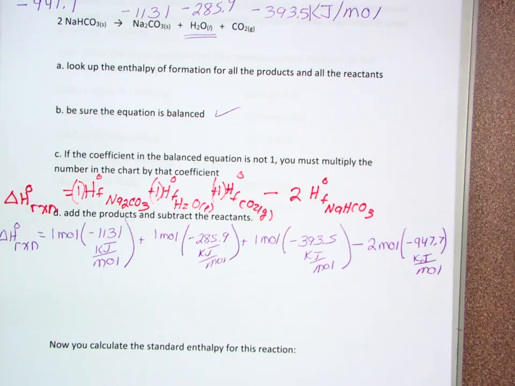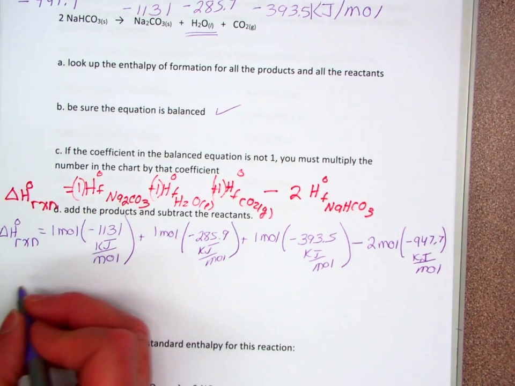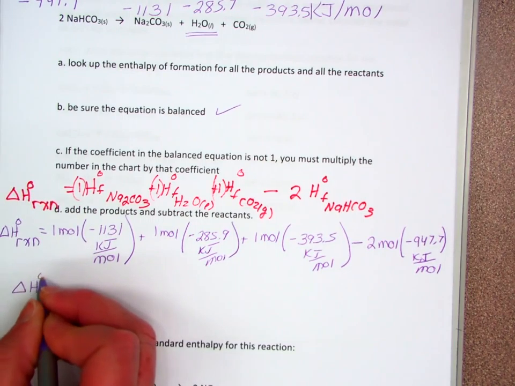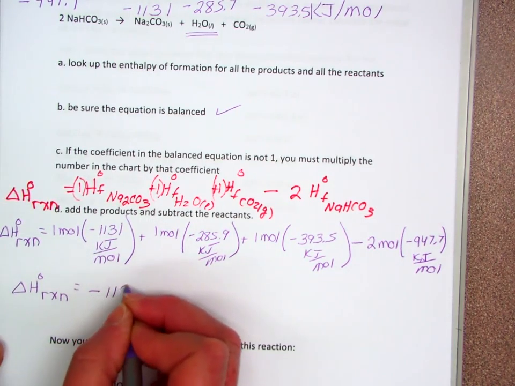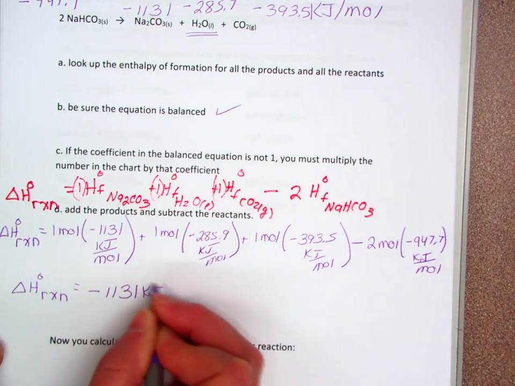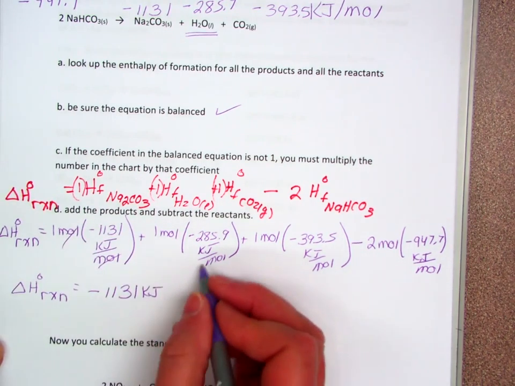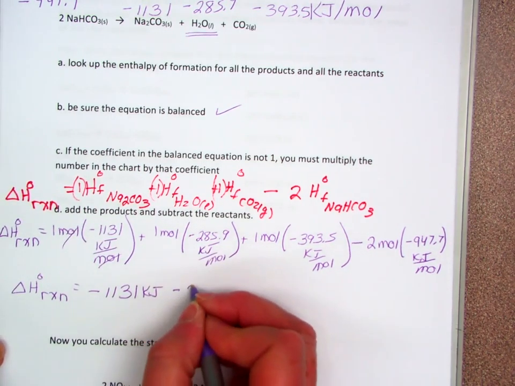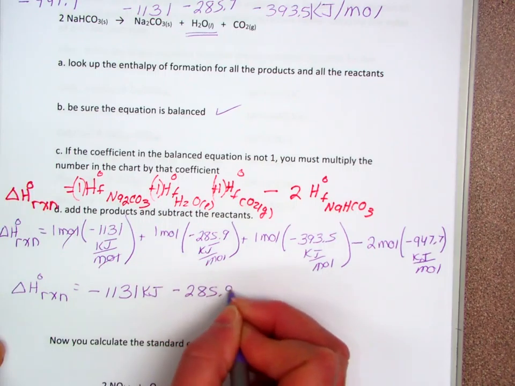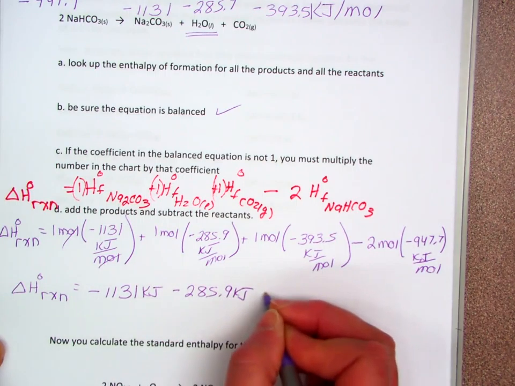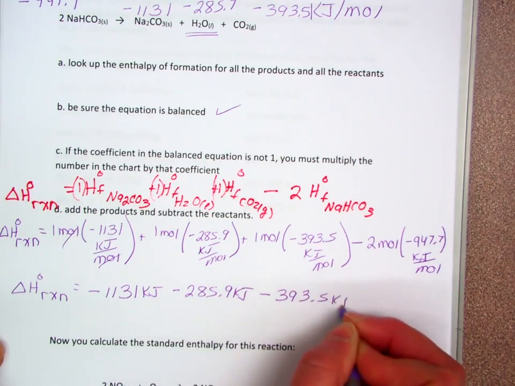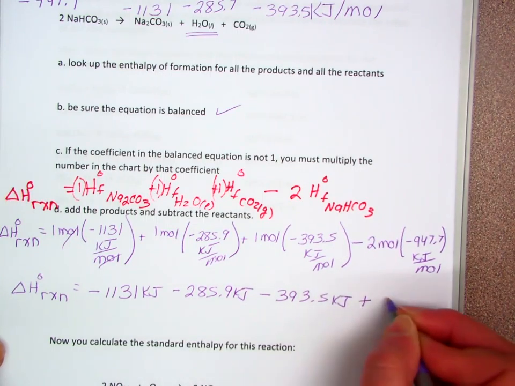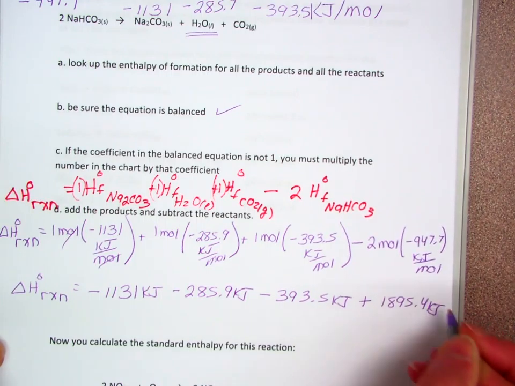Now we just have to go through and add them all up. So delta H0 for my reaction is equal to negative 1131 kilojoules, the moles cancel, plus a negative, so minus 285.9 kilojoules, minus 393.5 kilojoules, plus 1895.4 kilojoules.